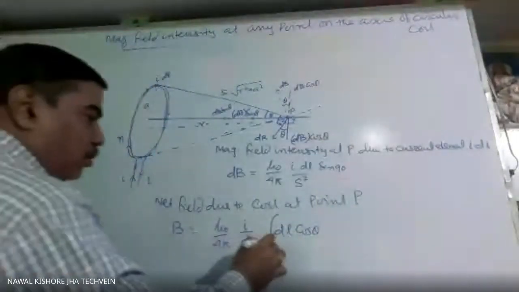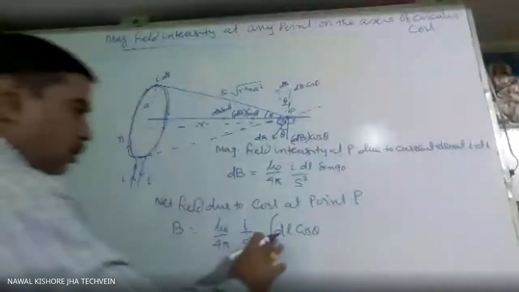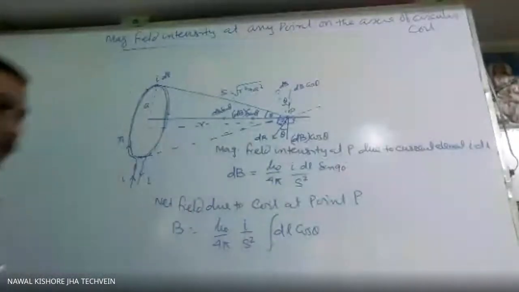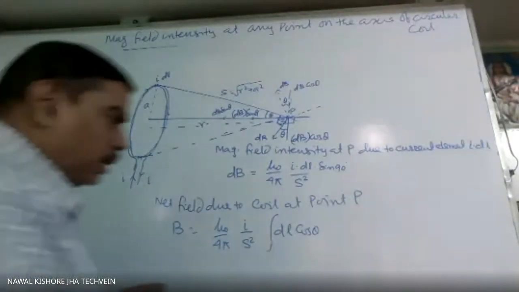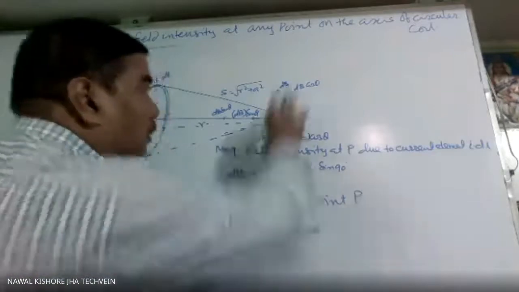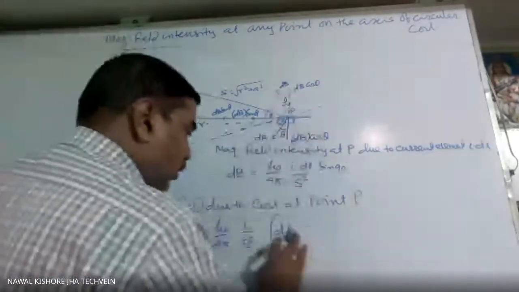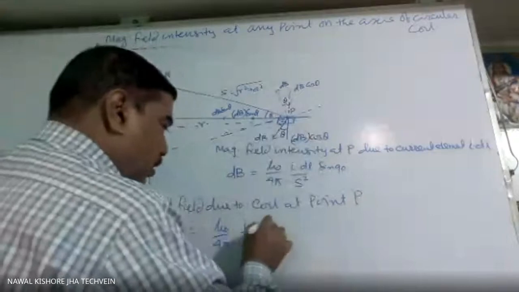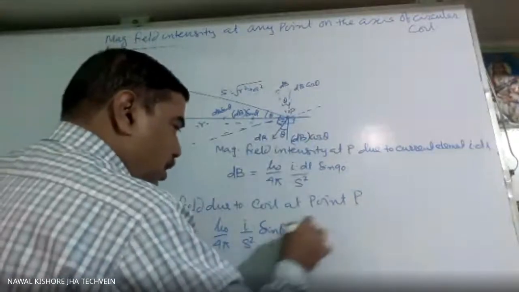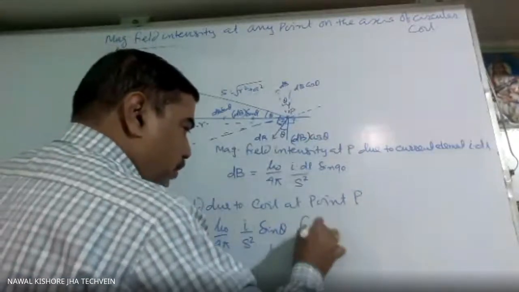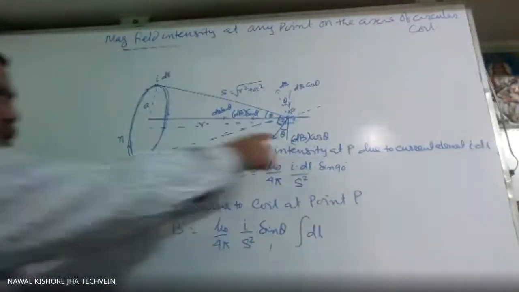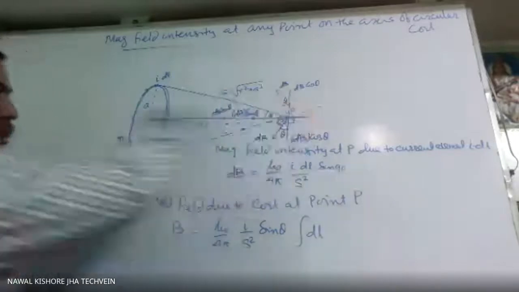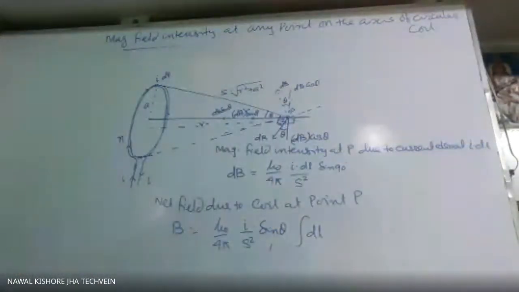Or total loop we can say. Now this cos theta is also the same. So cos theta also we can take outside, no problem. No, cos theta will cancel, no? Sin theta, sorry. So I sin theta and integration of dl. Because this dB cos theta will be cancelled, dB sin theta will be left.